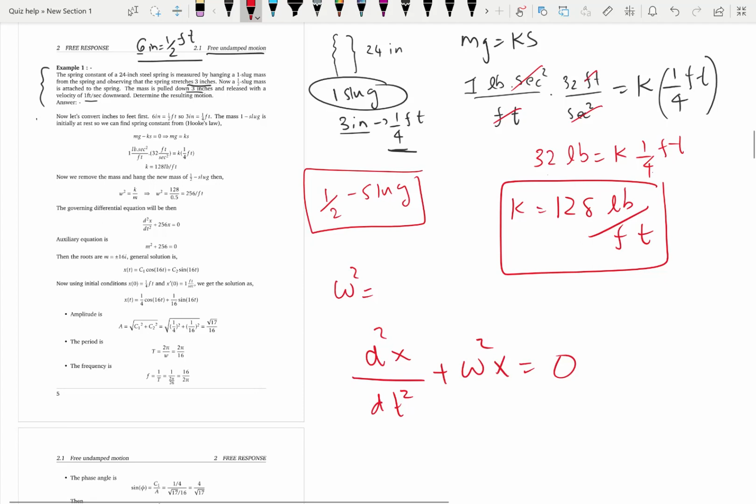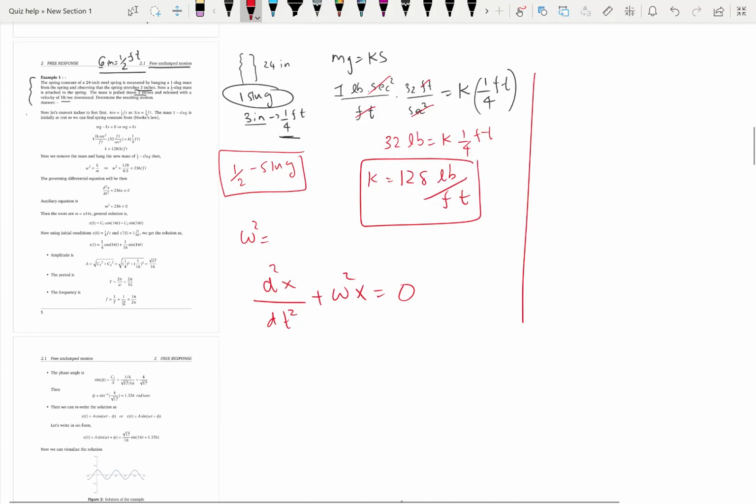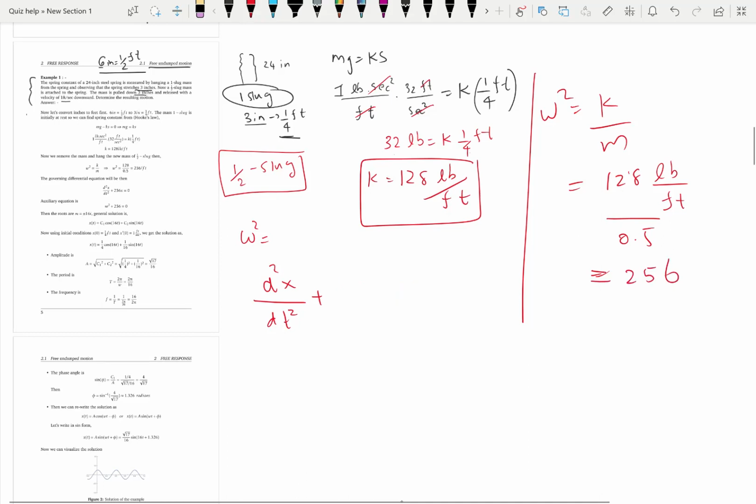We just need the W. So W squared is K over M. K we know is 128 pounds over feet, divided by the mass, which is half a slug, so 0.5. So 128 divided by 0.5 is 256. So W squared is 256. So our differential equation is x double prime plus 256x equals 0. This is what we are working with.